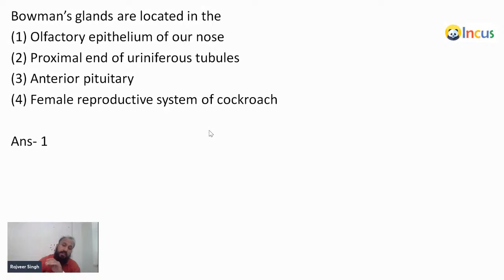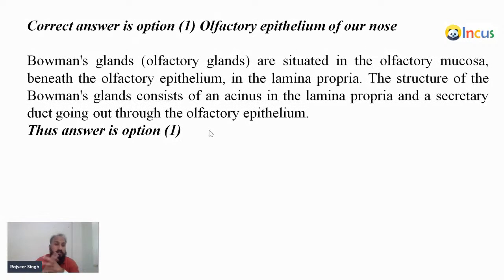This is our right answer, because Bowman's glands, the olfactory glands, are situated in the olfactory mucosa beneath the olfactory epithelium in the lamina propria. The structure of the Bowman's glands consists of an acinus in the lamina propria and a secretory duct going out through the olfactory epithelium. So our answer will be first.